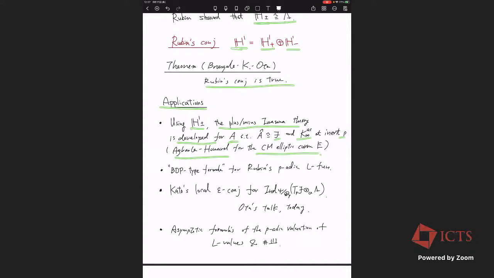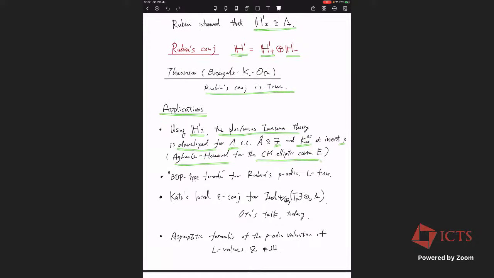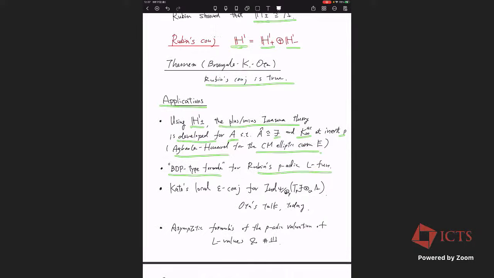And by using the technique for proving Rubin's conjecture, we can obtain a BDP type formula for Rubin's p-adic L function, which is a p-adic L function suitable in this setting. And we also have an application to Kato's local conjecture in our setting.